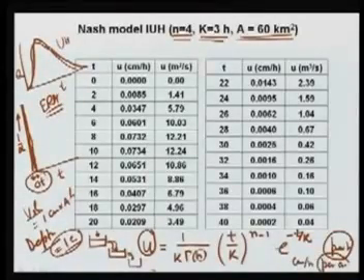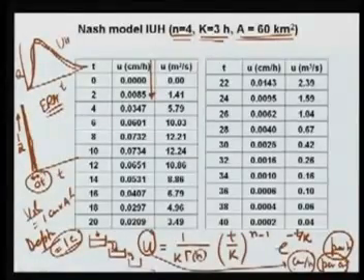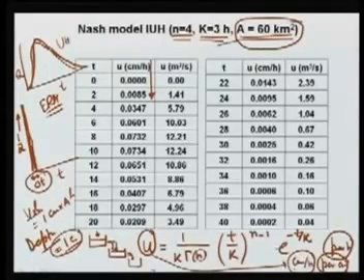Since this is a unit hydrograph, it will have 1 centimeter of rain, therefore U can be written in terms of centimeter per hour. And that is what we have done in this table, which shows the value of U computed from this equation with k equal to 3 and n equal to 4. The ordinates are expressed in centimeter per hour here, and then based on the catchment area we can convert it into meter cube per second.